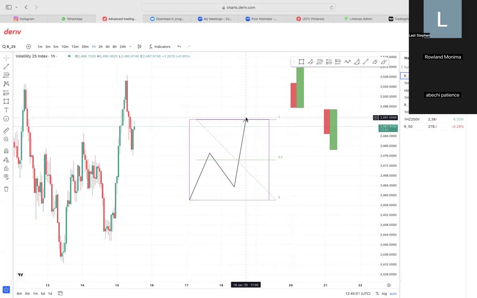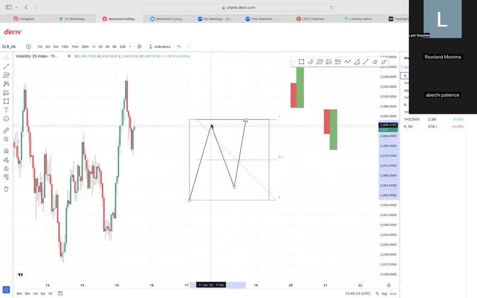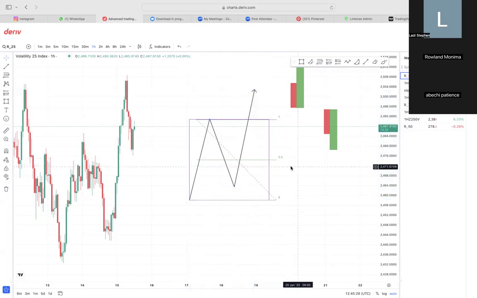Now, when price moves and has gotten to a point of rejection and it wants to retrace, price would definitely retrace below 50% of that entire move. Let me do it like this so that it will be clearer. So we're measuring the Fibonacci of this move.